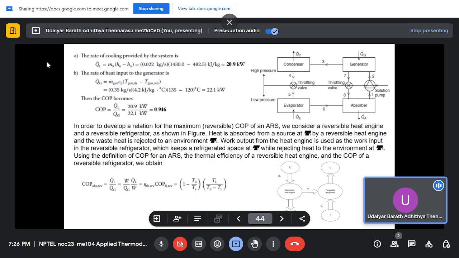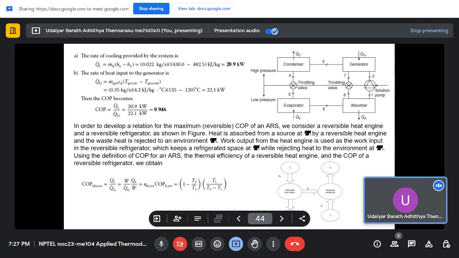Now the rate of heat input to the generator is m dot cp delta T. Here m is 0.35 kg per second of water, cp is 4.2, and the water is coming in at 135 and going out at 120. So with 135 minus 120, it comes out to be 22.1 kilowatt of heat supplied to the generator.